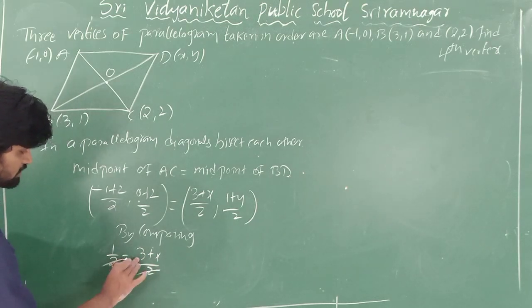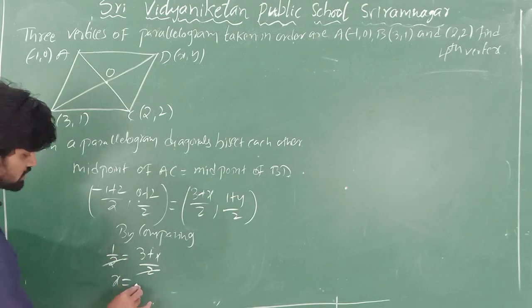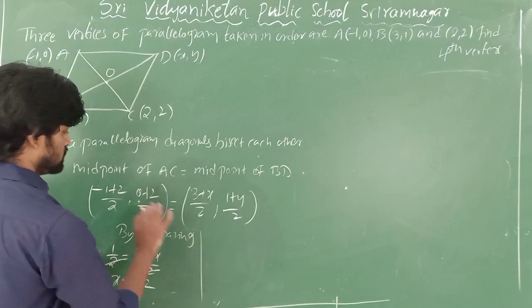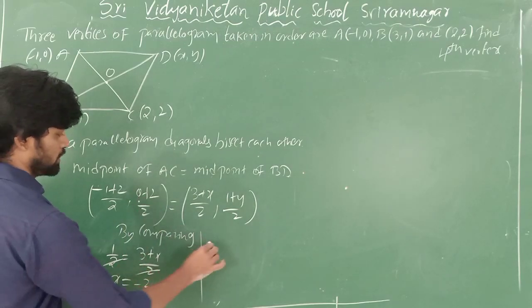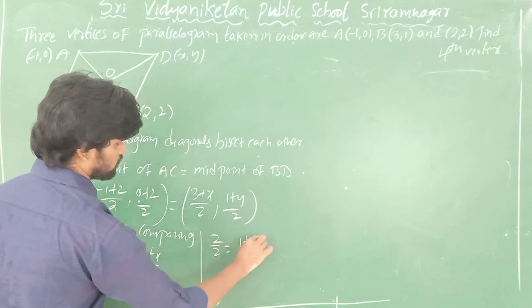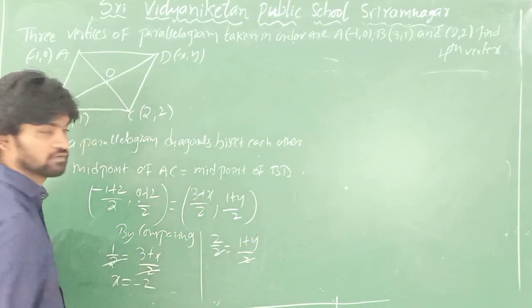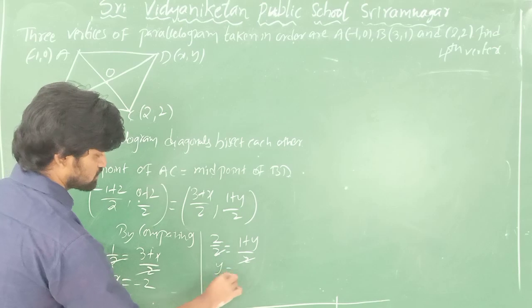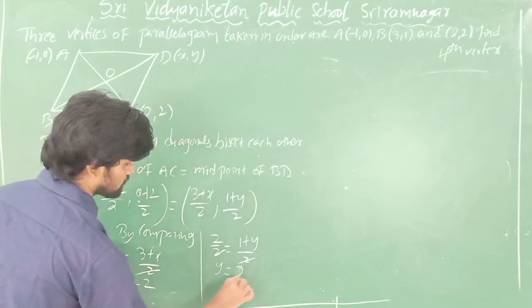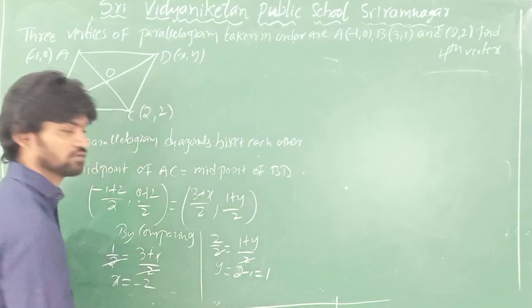The x value will be 1 minus 3, which is minus 2. Here 0 plus 2 by 2 is 2 by 2, equal to 1 plus y by 2. So y is equal to 2 minus 1, that is 1.